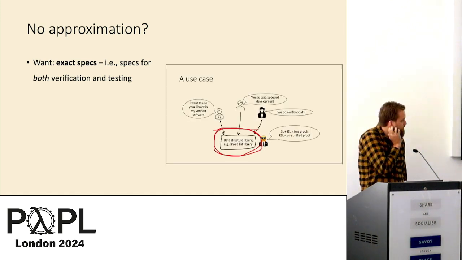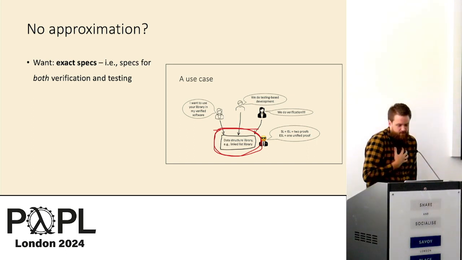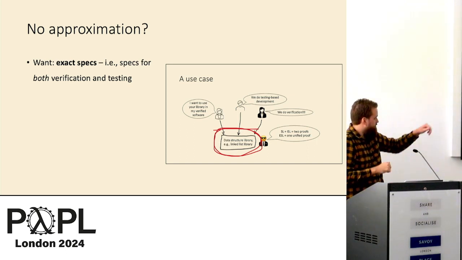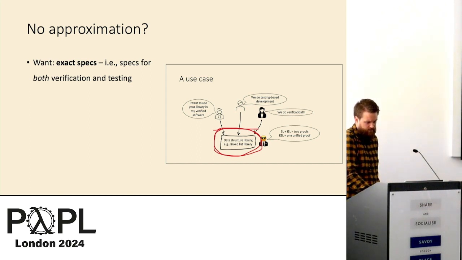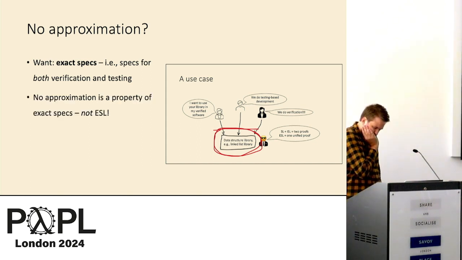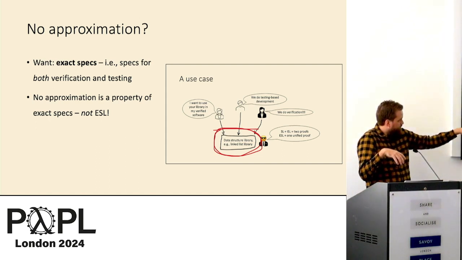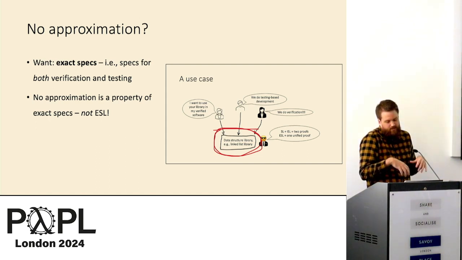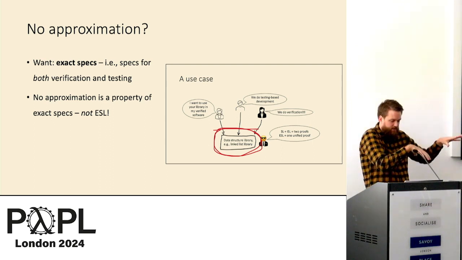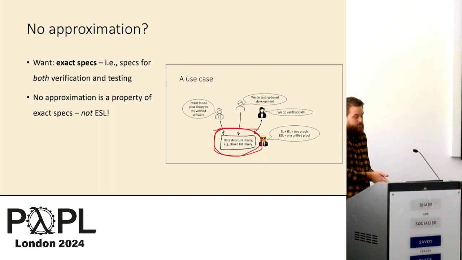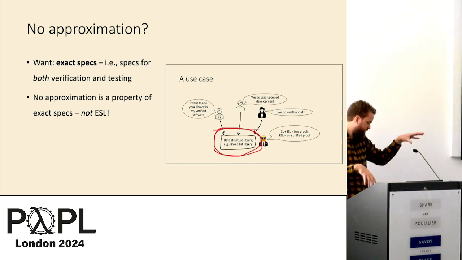So we are this person down here, very happy because we have this unified logic, and we want to serve these people that want to do both verification and testing. If you over-approximate, then our specs cannot be used for testing, and if we under-approximate, they cannot be used for verification. So we don't have much choice here if we want to at least unify these two logics, being separation logic and incorrectness separation logic.